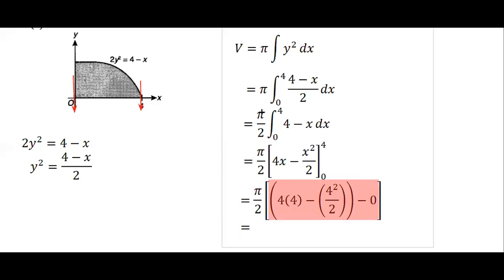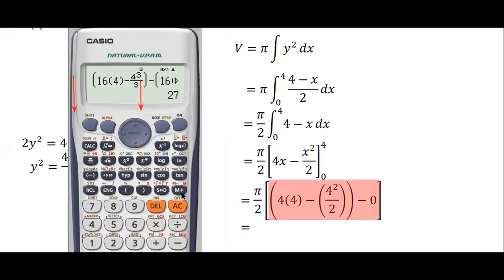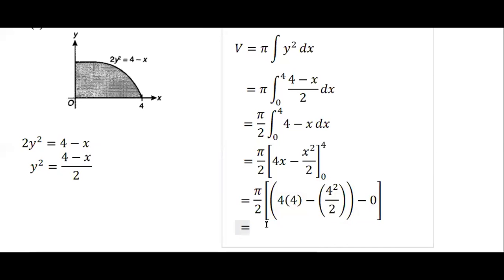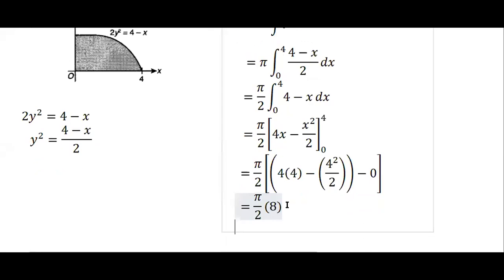What do you get for 4 times 4 minus 4 square over 2? 8. Okay, you get 8. So pi per 2 times 8. You get 4 pi unit cube.